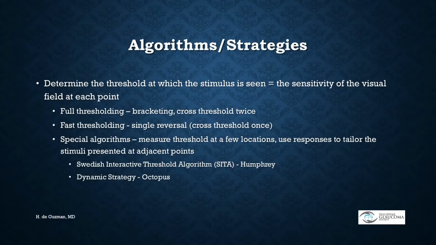Perimetry machines use various algorithms or strategies to determine the threshold, or the sensitivity, of the patient's visual field at a particular point. In general, there are three types of strategies: the full threshold, the fast threshold, and the special algorithms.